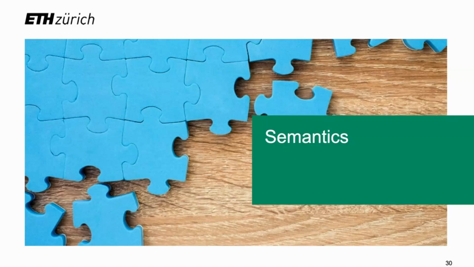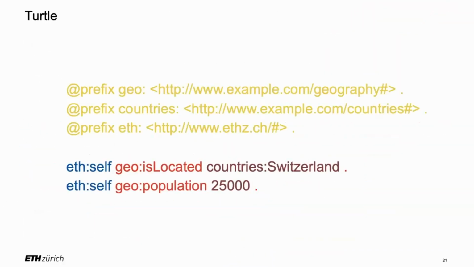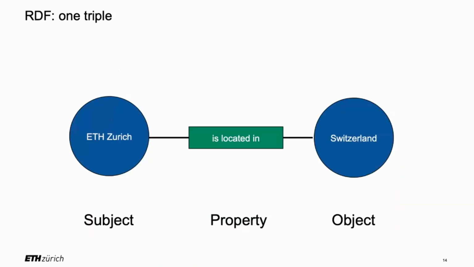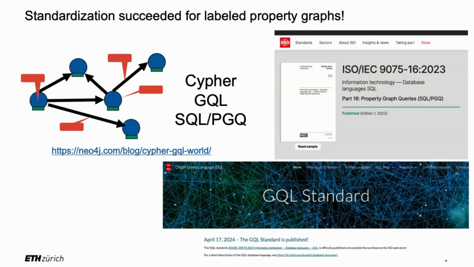Just to be clear, Cypher, so now consider it GQL, and SPARQL are 2 standards. SPARQL is a W3C standard, and GQL, I think, is an ISO standard. I think it's ISO, the SQL one.